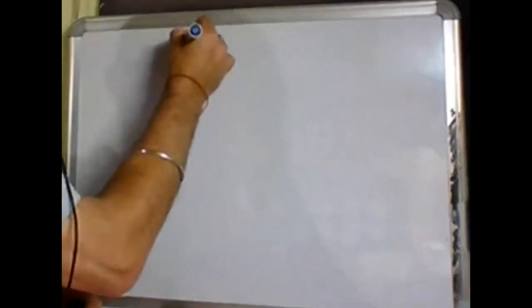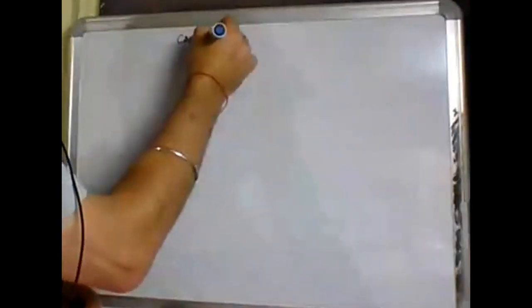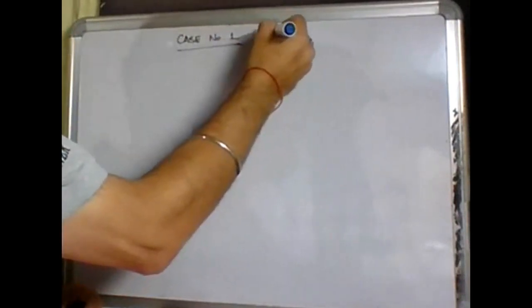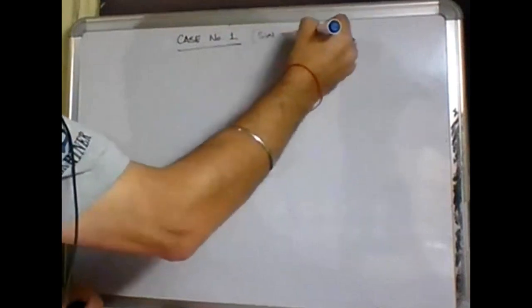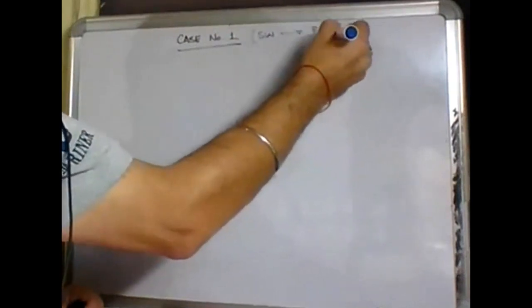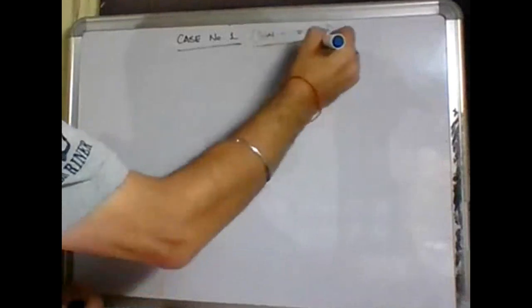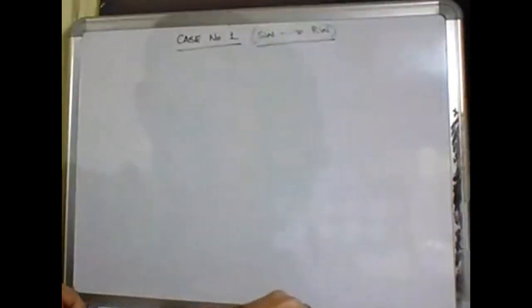So we were doing change of trim due to change of density, and in that we were doing case number 1. Case number 1 deals with going from Chennai to Haldia, that is seawater to river water.